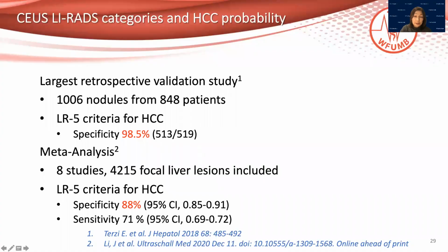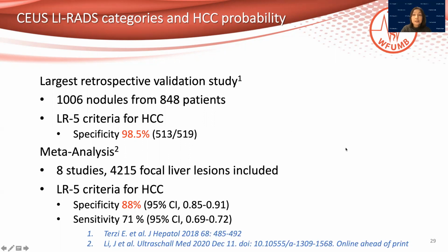So how accurate is CEUS LI-RADS? The largest retrospective validation study was published by Dr. Piscaglia's group with over 1,000 nodules, and they reported the specificity of LI-RADS 5 for HCC was 98.5%. So it's very accurate. I'm reporting this because the most important thing in CEUS LI-RADS is the specificity of LI-RADS 5.